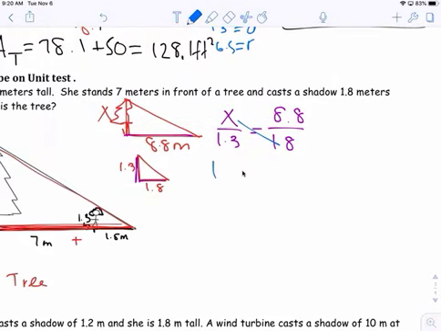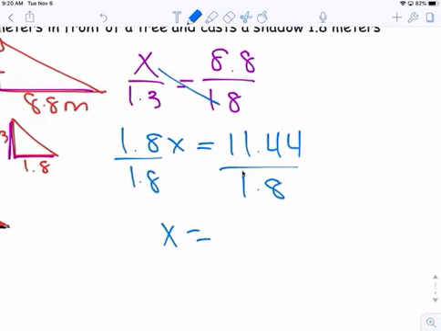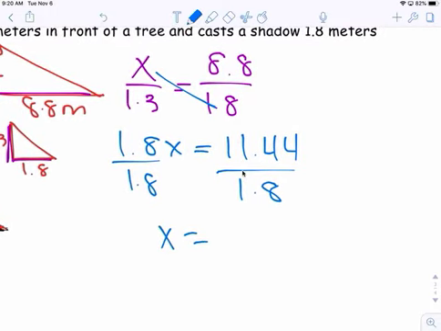Multiply, so 1.8x equals 8.8 times 1.3, you get 11.44. Divide by 1.8, divide by 1.8. You get 6.35 repeating.